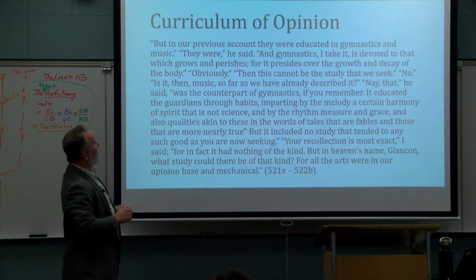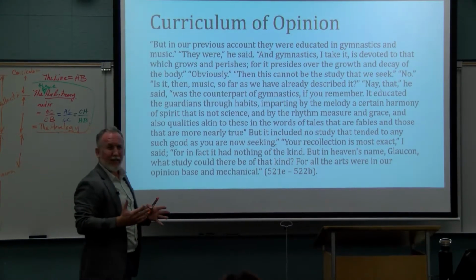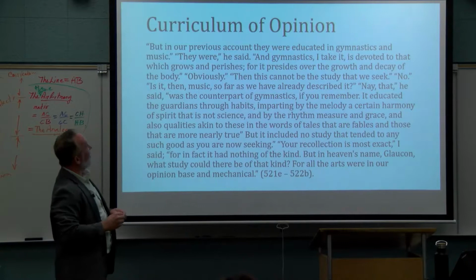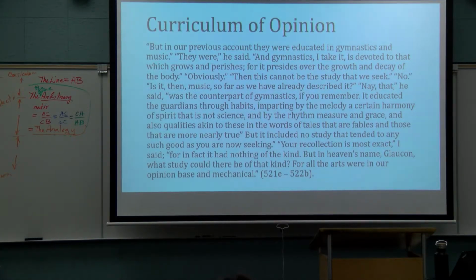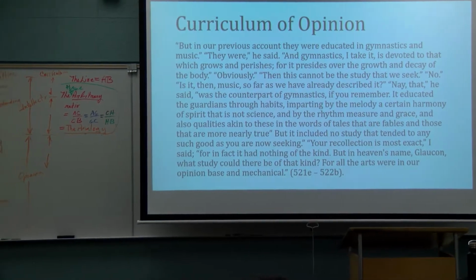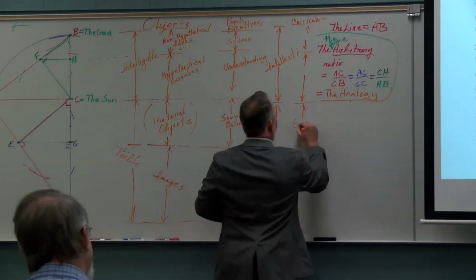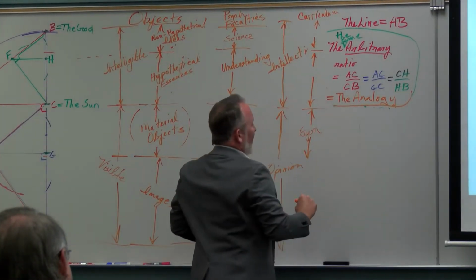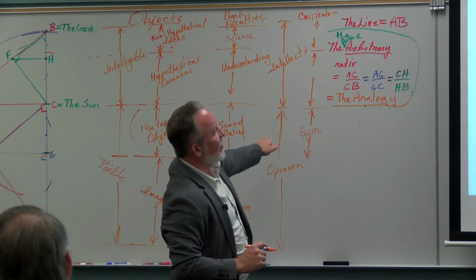And so they need to be skilled in gymnastics, which is really like martial arts, in the context of the Republic. And of course, that's devoted to things that grow and perish, material objects, the body. And so gymnastics, you know, clearly falls within that section.